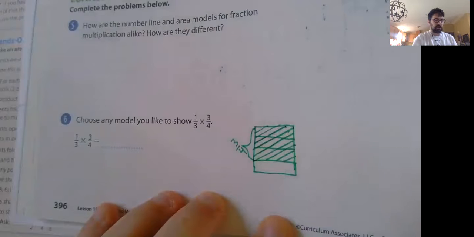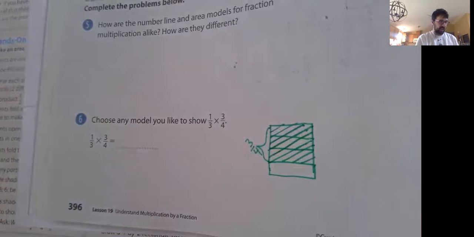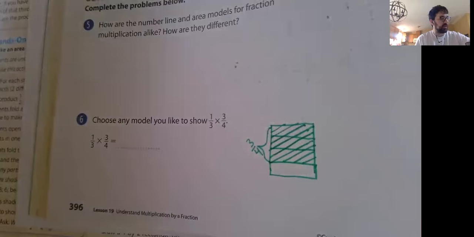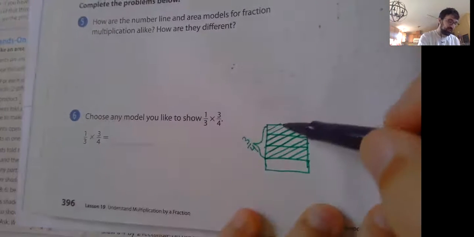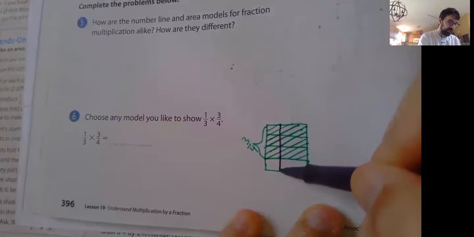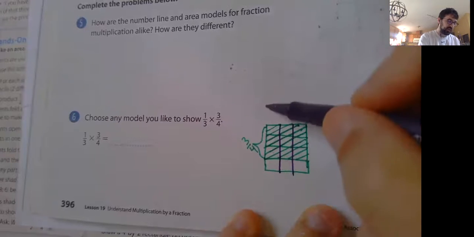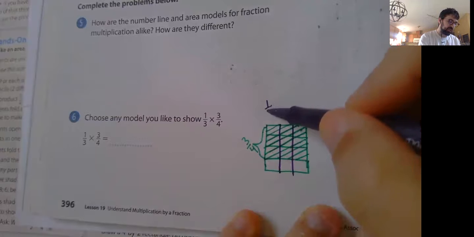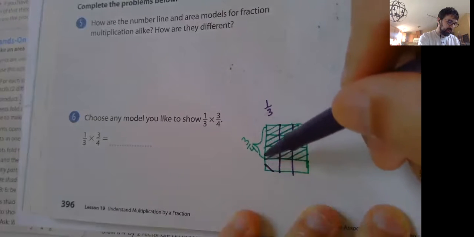Okay. So that's 3/4, right? 3/4 of this. So now that's what I have. Then I'm going to take 1/3 of it. I'm going to show 1/3 of it. So I'm going to go this way and show a third. There's 1/3, 2/3, 3/3, right? But we only care about this 1/3, right? So we're only going to shade in 1/3. I'm going to do this.